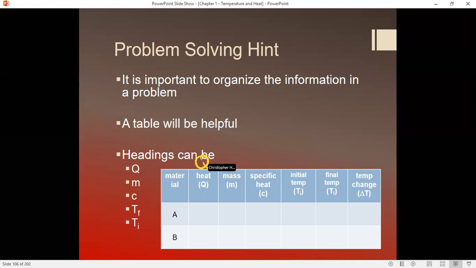You've got Q here, you've got Q equals M, here's C, and here's delta T, where delta T is the final temperature minus the initial temperature. It just keeps everything organized. By seeing what's happening with one substance and comparing it to another one, we can oftentimes find an unknown. Maybe Q is unknown. Maybe the mass is unknown. Maybe the specific heat is unknown. Maybe the temperature is unknown.